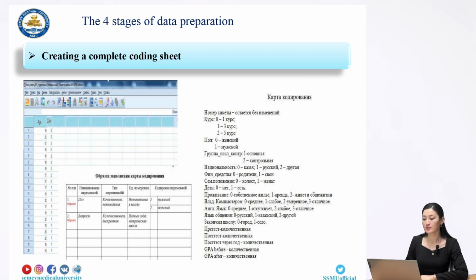Therefore, a coding method is applied, a procedure that expresses one type of data through another type, so that all data are represented in numerical format. The correspondence between variable values and coding numbers is defined in a coding sheet, which establishes the link between the individual questionnaire items and the variables used for computer-based data processing. For example, the value female can correspond to the code 1, while male corresponds to 2.